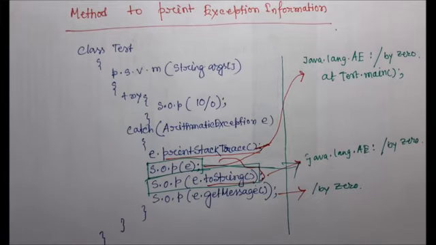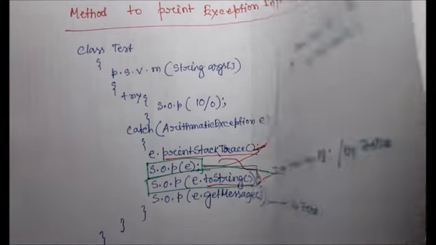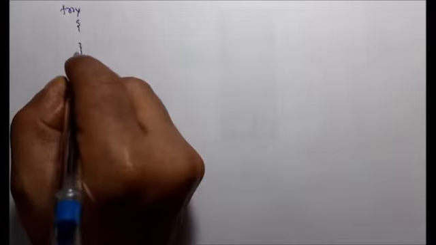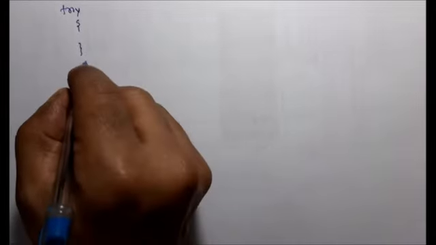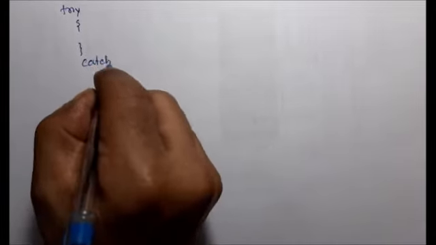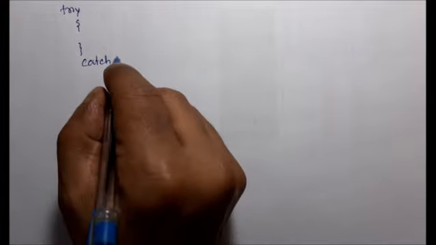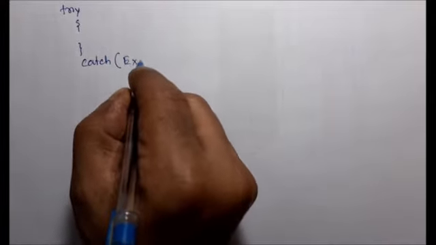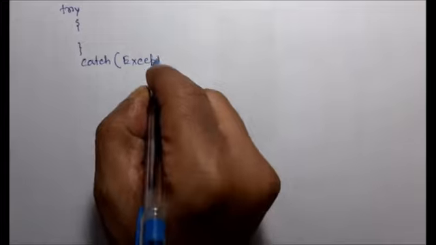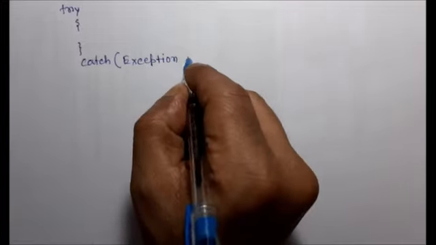Next we will talk about try block with multiple catch statements. Let us say I am not writing whatever code is inside it; I am just using a catch statement with Exception e.